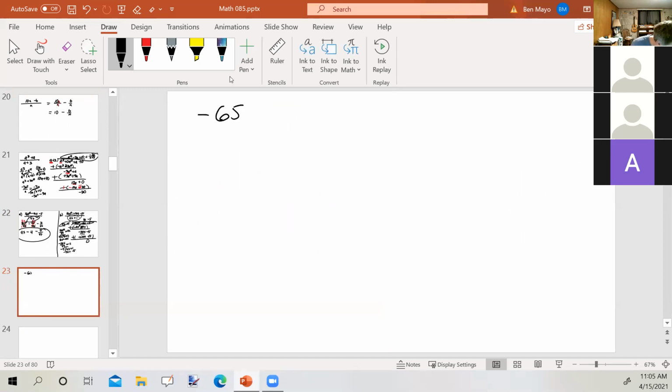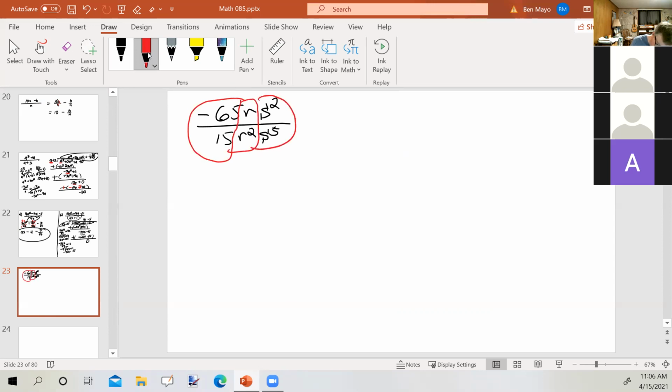Negative 65 r s squared over 15 r squared s to the 5th power. Okay, I'm going to break this apart a little bit more than I have been. We're going to focus on this part, and then this part, and then this part.